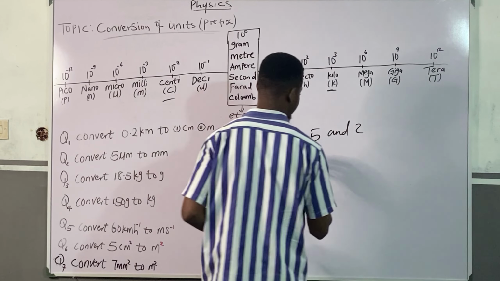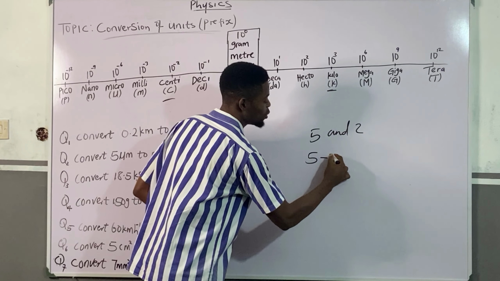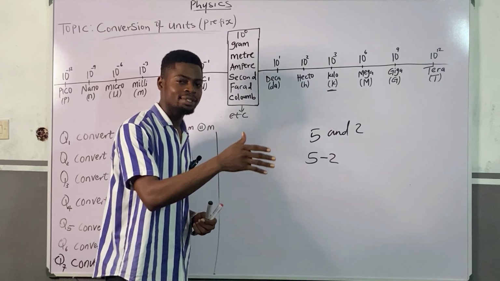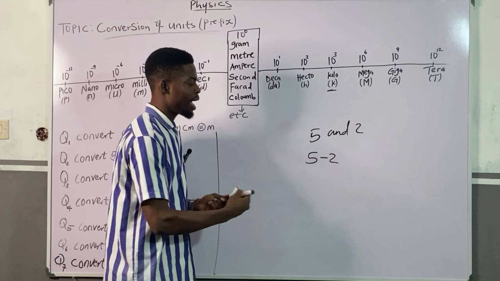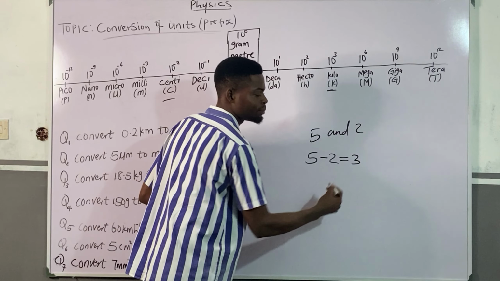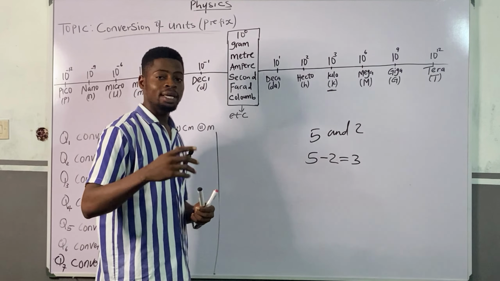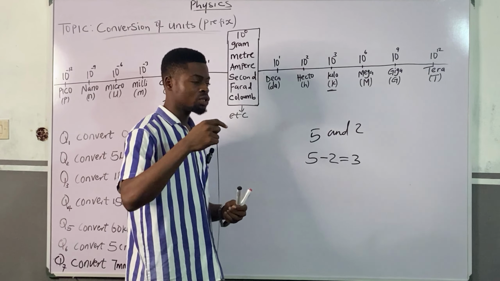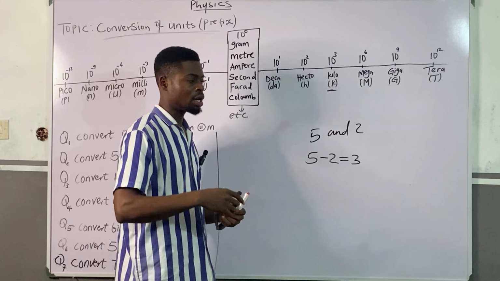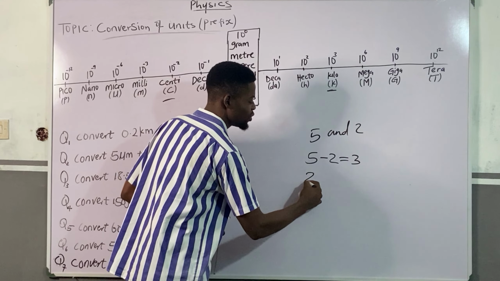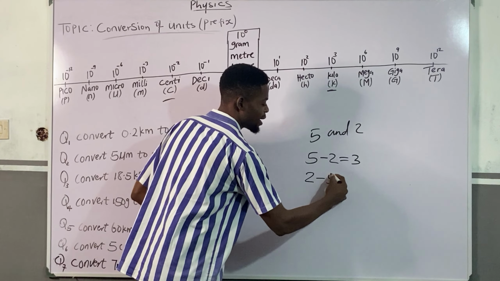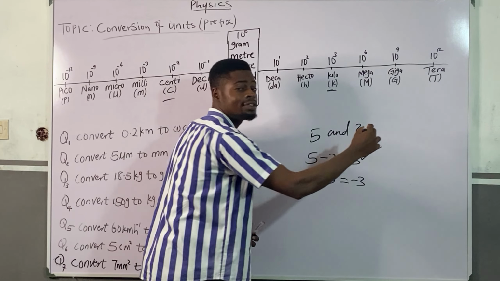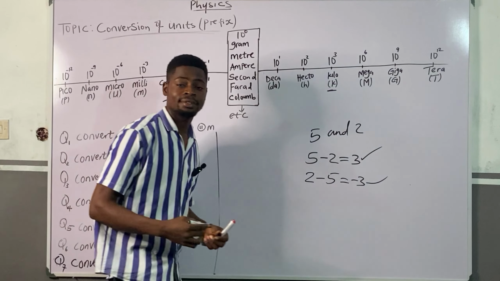What you will have here is 5 minus 2, that is the greater number minus the smaller number, which equals 3. If I need the negative difference between 5 and 2, I will subtract the greater one from the smaller one, and that is 2 minus 5, which equals minus 3. This is a positive difference and this is a negative difference.